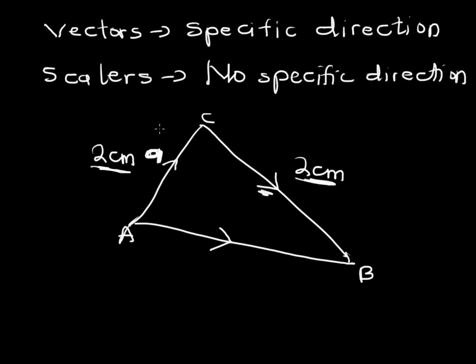You can also write vectors as A with this sign under it. Hope that's clear. So if in any part of the lesson or in your textbooks you come across these symbols, you should know that they both represent vectors, right? A vector has a specific direction and also a specific magnitude, right?